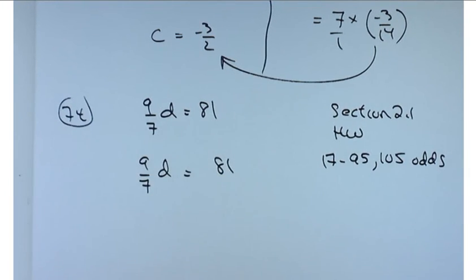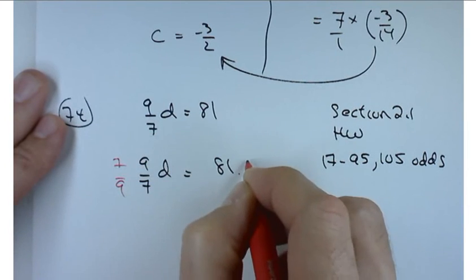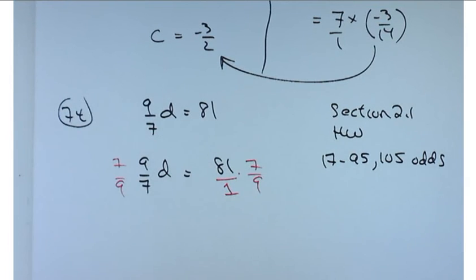So let's take a look here. If we multiply both sides by the reciprocal, what's the reciprocal that I'm going to use? 7 over 9. Now on the right-hand side, I'll write that as over 81. How does the left-hand side simplify? 1. Good.